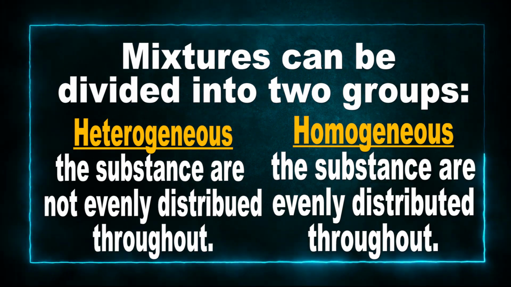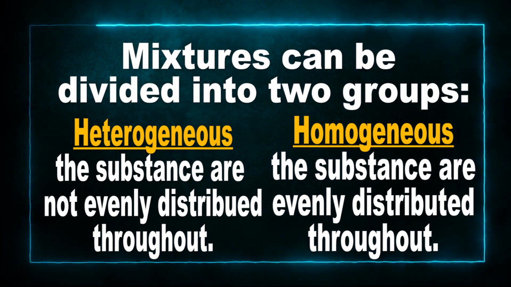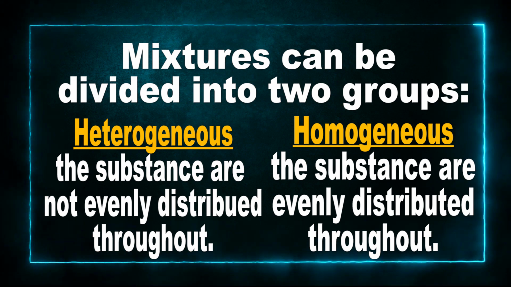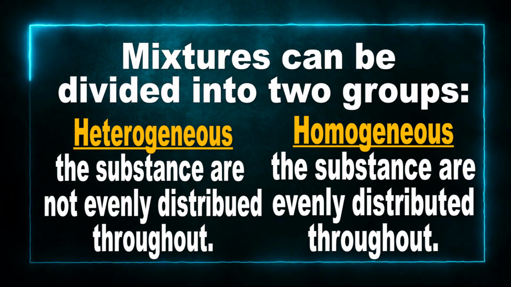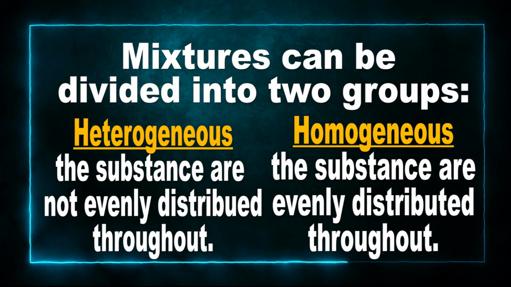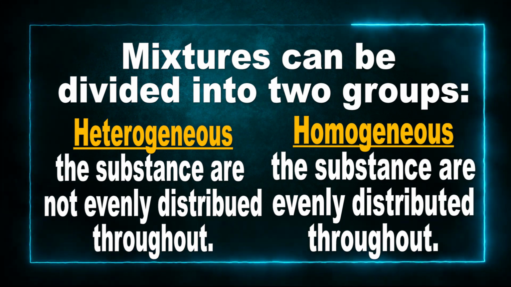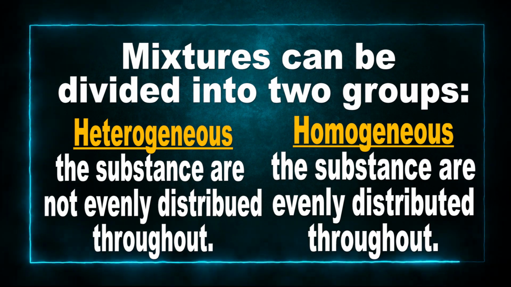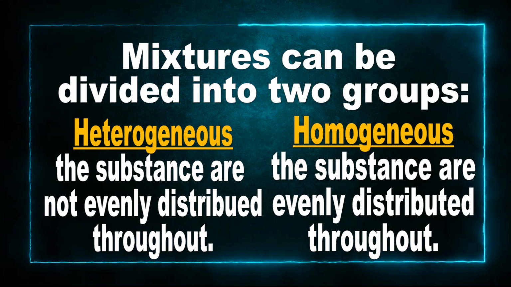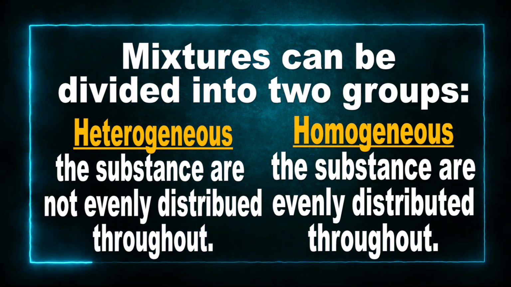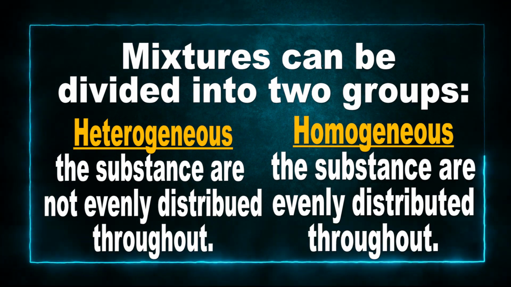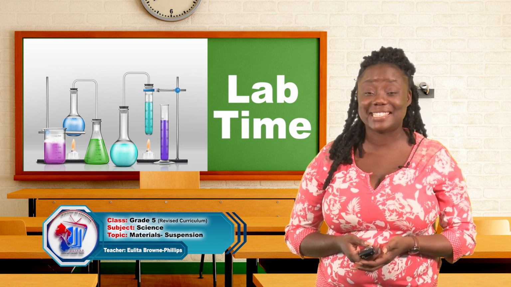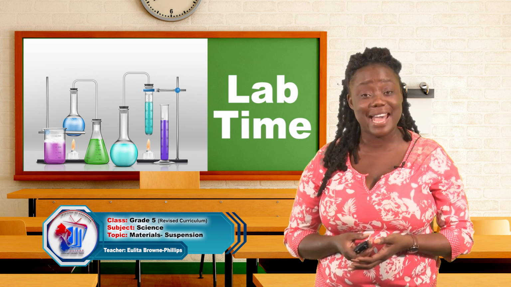Heterogeneous mixtures are the substances that are not evenly distributed throughout. Example, suspensions. An example of a suspension is sand and water. Homogeneous mixtures, the substances are evenly distributed throughout. Solutions. Example, sugar solution.